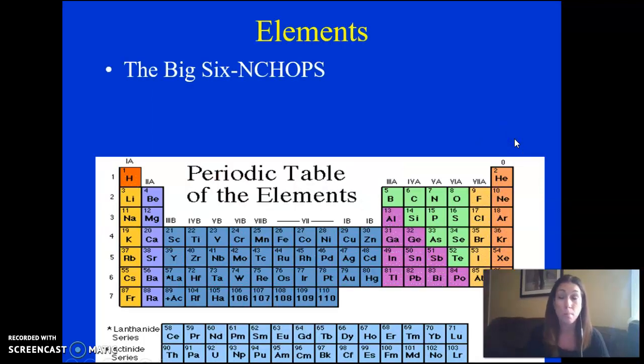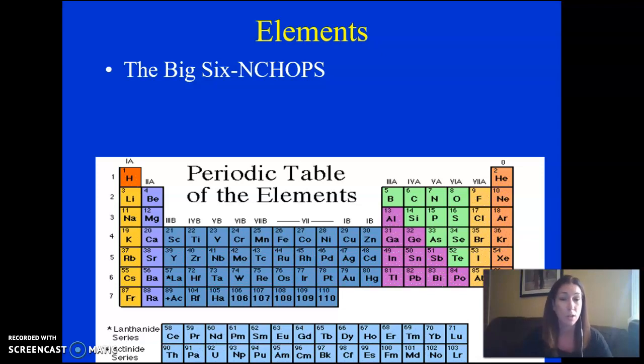There are many different elements, but there are six that we think are most important to life functions, and we call those the big six. The ones that we focus on in class are abbreviated as NCHOPS: nitrogen, carbon, hydrogen, oxygen, phosphorus, and sulfur.